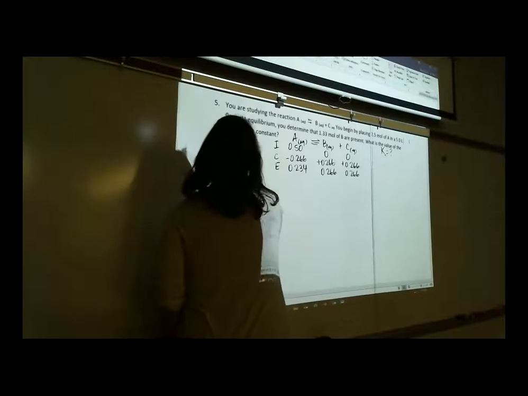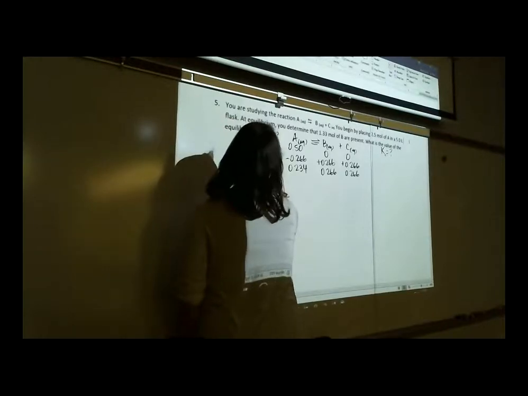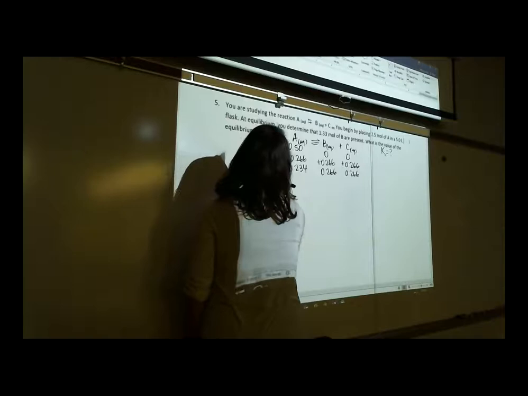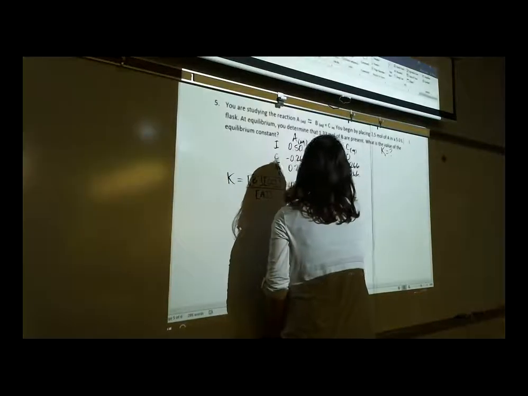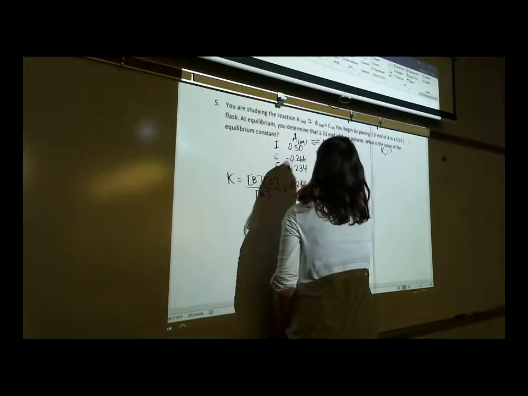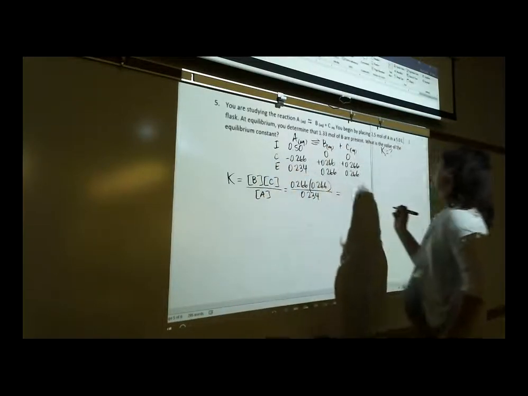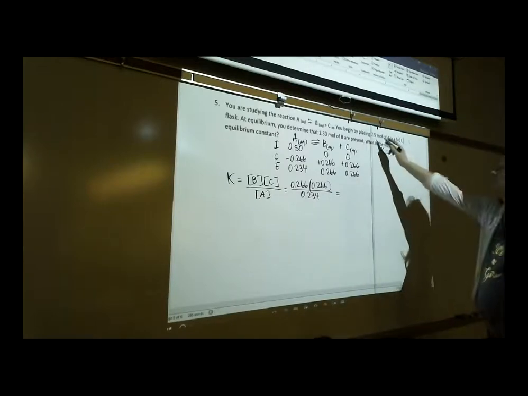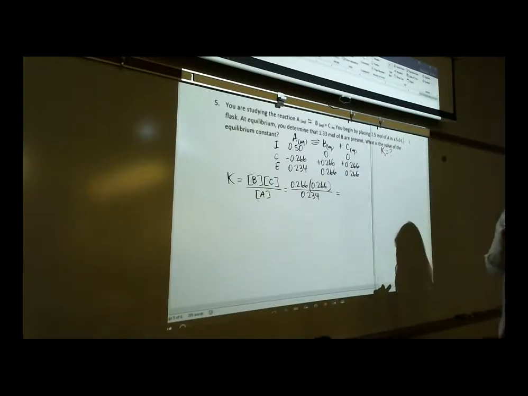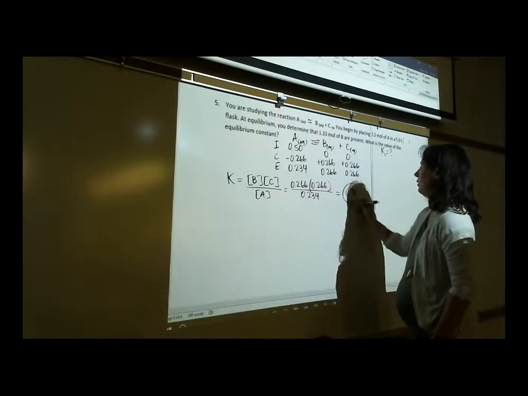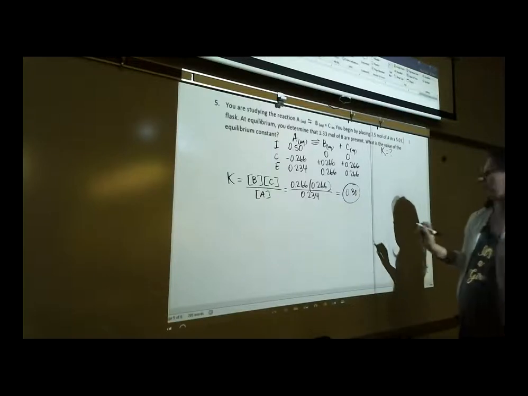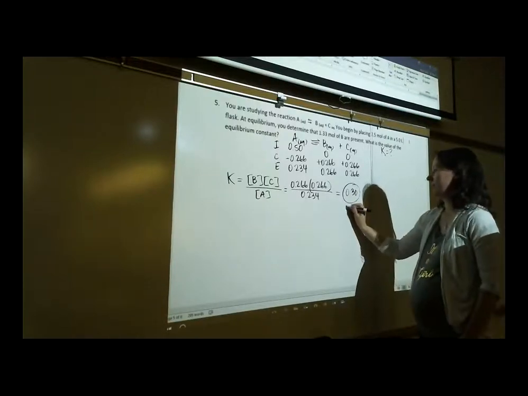All right, so K is equal to concentration of B times the concentration of C over the concentration of A. So that's 0.266 times 0.266 divided by 0.234. And we're keeping 2 sig figs, right? So I got 0.30. Would that be reactant favored or product favored? That'd be reactant favored, right?